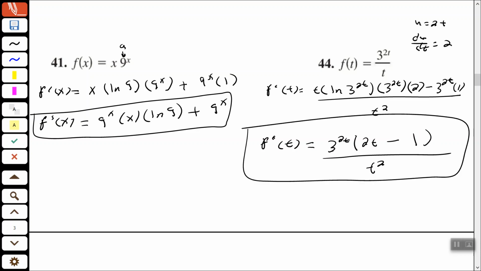So if I factor that out, that would go away, and that would go away, and that would leave me with 2 times t minus 1 in the parentheses, factoring out that 3 to the 2t over t squared.